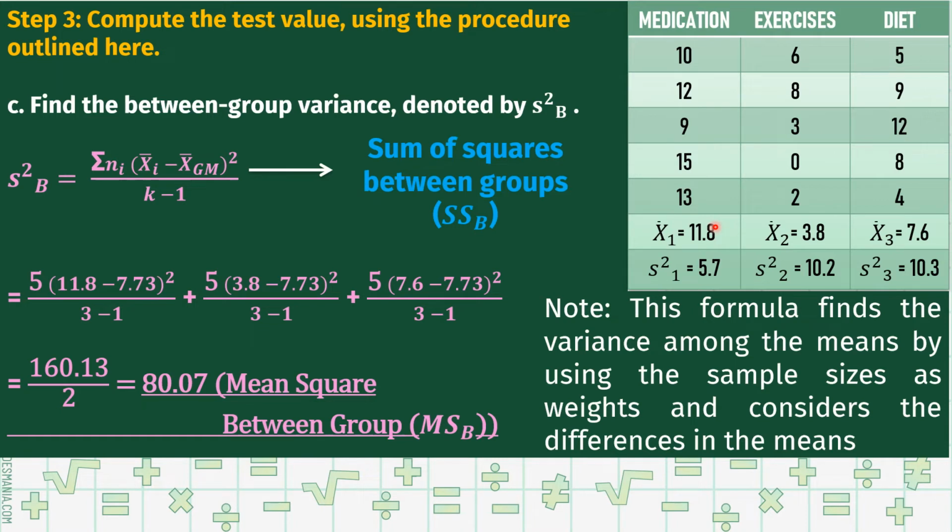For the first group, we have our mean, which is 11.8. That is why this became 11.8 minus 7.73, which is our grand mean, and it is squared, all over 3 minus 1, because the number of groups is equal to 3: the medication, exercises, and the diet group. So 3 minus 1.